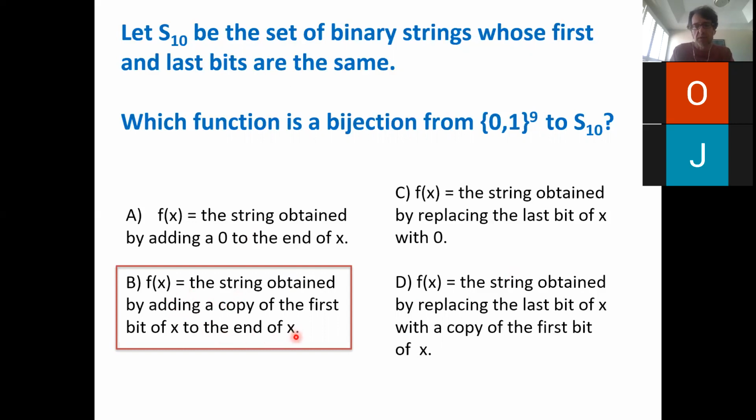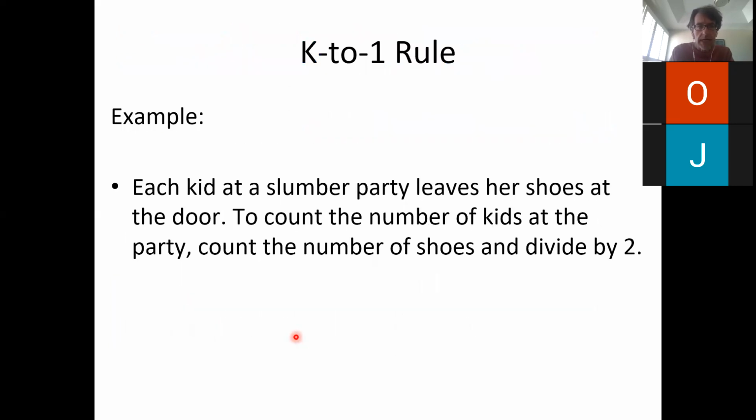So I've already covered this example. Well, here's another. Bijection is one way to count. If you have some tricky set, but you found a bijection to a set that you can count, you've solved the counting problem of your original set.